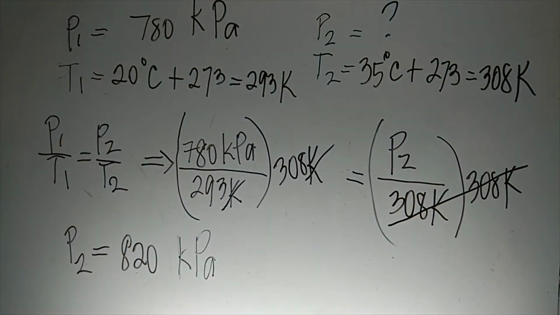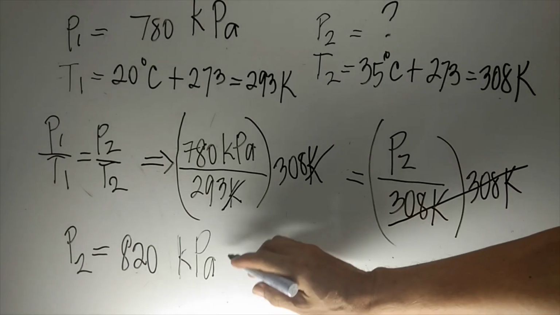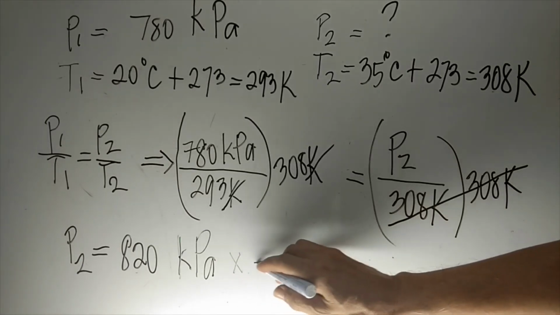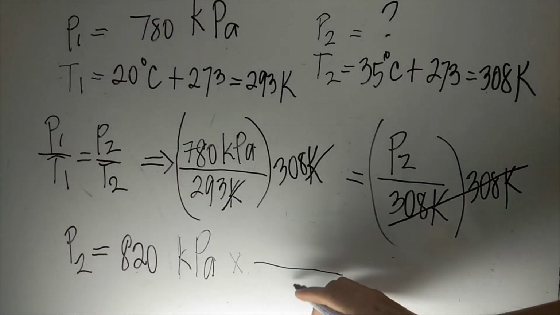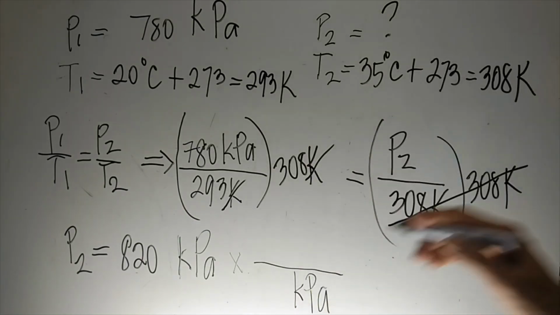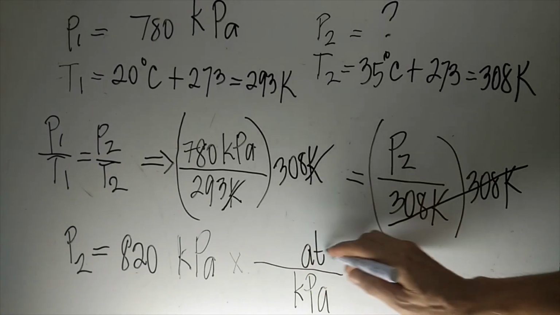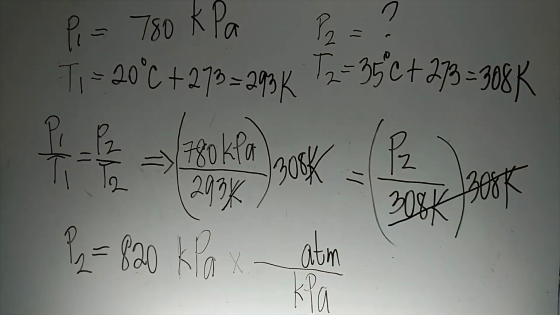820 kilopascals. But we're supposed to express our final answer in atmosphere. So we are going to convert this value, kilopascals, to atmosphere. So kilopascals will be at the denominator, and we'll change it so atmosphere will be at the numerator.